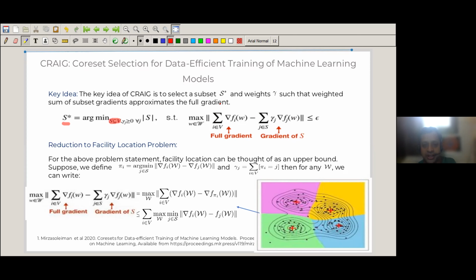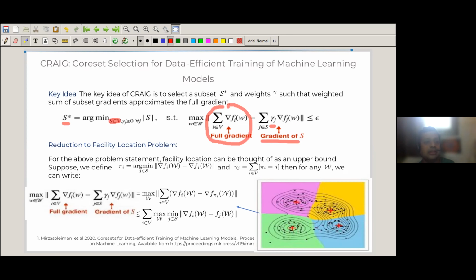So here's the full gradient, and here's the gradient on the subset. There's a bunch of weights associated. All of us know gradient plays a very important role in the model, right? So what we want to do is identify a subset of the data set such that when you take the weighted sum of the gradients on that subset, you're approximating the gradient of the entire data set well.